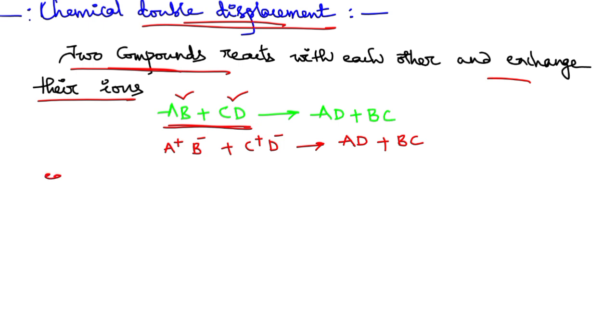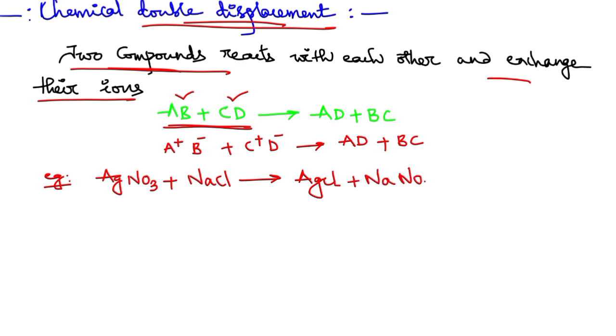For example, silver nitrate plus sodium chloride combine to give silver chloride plus sodium nitrate.